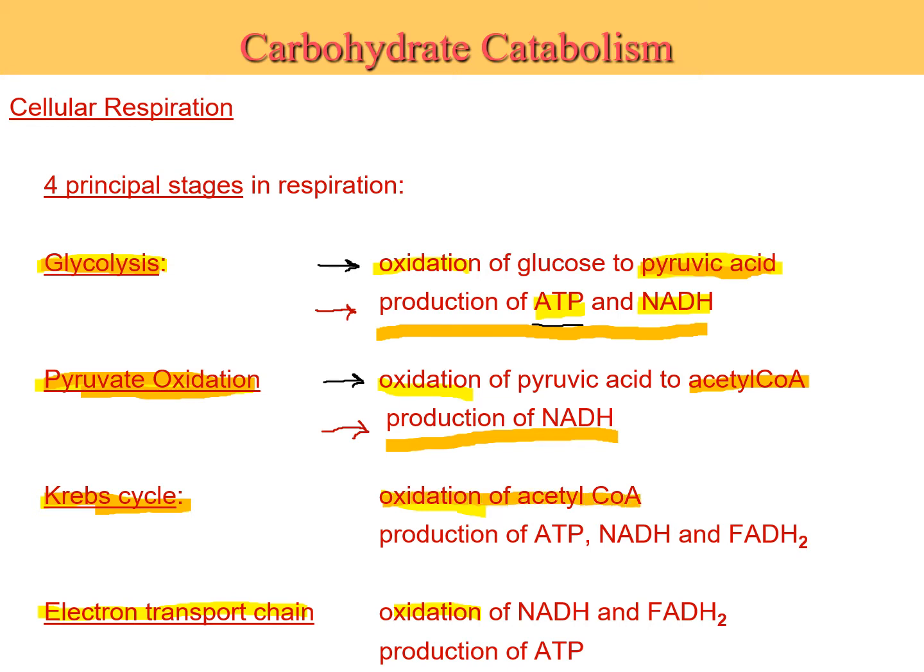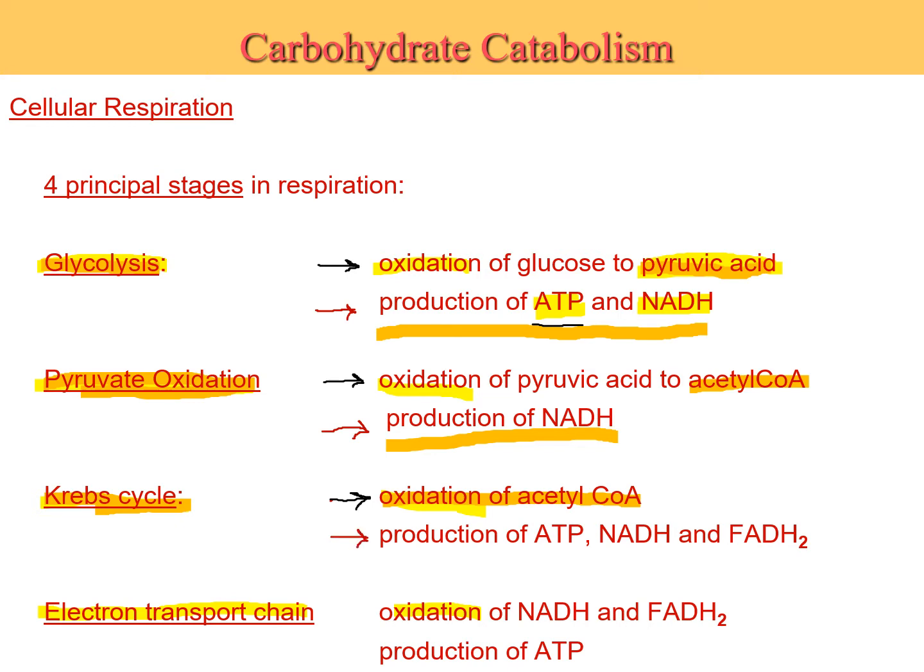It keeps going round and round in a cycle, getting converted into different molecules, each step an oxidation. Remember, the first line is what's happening to the carbon skeleton organic molecule, and the second line is what kind of high energy compounds are being produced.